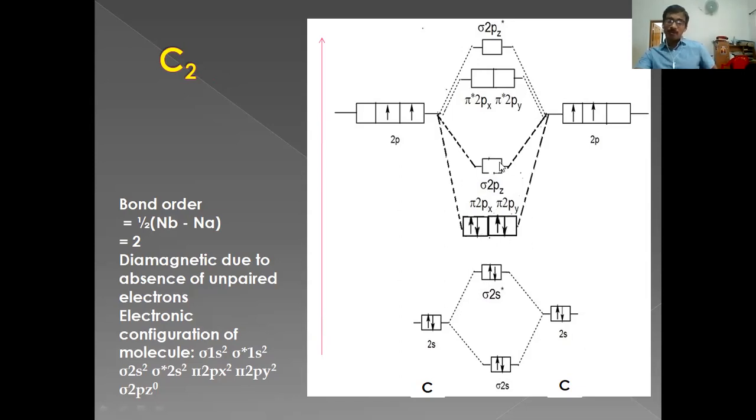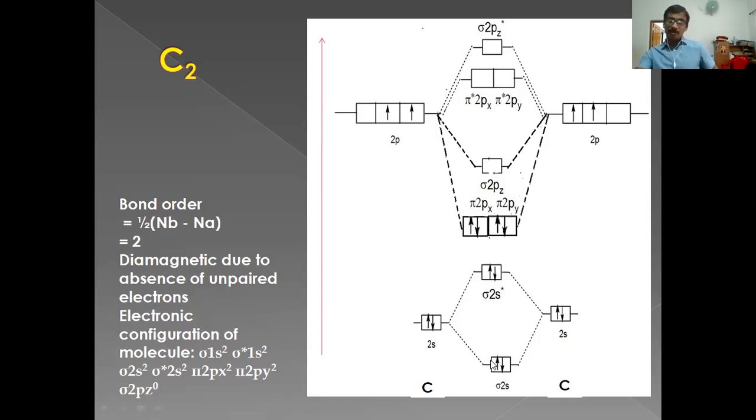Then comes sigma 2pz, then pi star 2px, pi star 2py, then sigma star 2pz. So here now in the outermost orbital or valence shell of carbon, how many electrons are present? 4 electrons. And from the 2 carbon atoms, total 8 electrons.